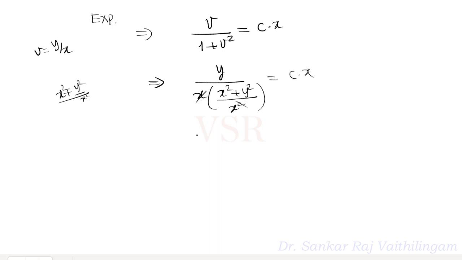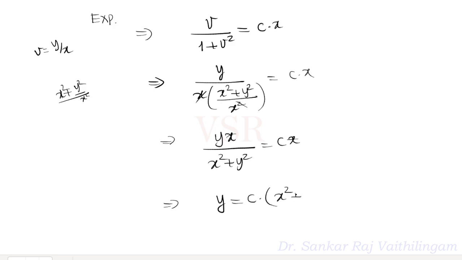So this implies that yx divided by x square plus y square is equal to c times x. The x and x cancel. So this implies that y is equal to c times x square plus y square. Okay, of course this is not finished.